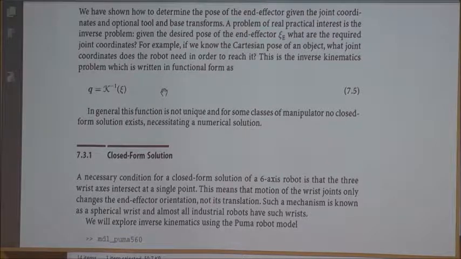Okay. And if you want to pick up an object, you need to know the coordinates of the object, and you have to program your robot to move exactly to that location to be able to pick it up. Okay. So q is the vector of all rotational angles of your, let's say, 6 degree of freedom robot for that particular pose. This is the equation where it has infinite solutions.